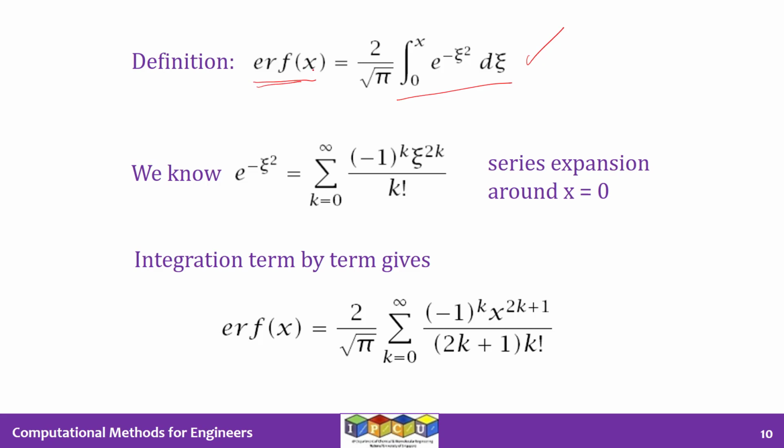We know that e to the power of minus psi squared can be represented as an infinite series about the point x is equal to 0.